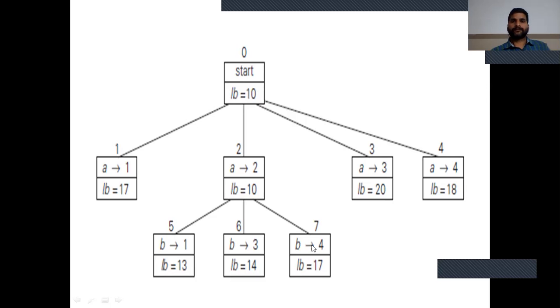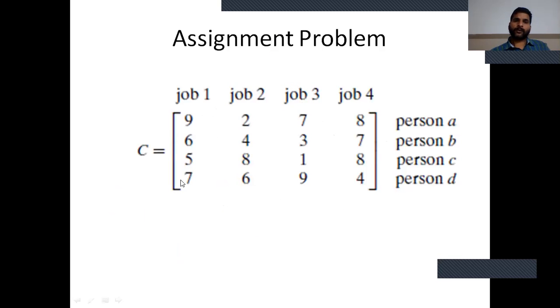Similarly, we check if person 1 is assigned task 1. A equal to 2 is already assigned to a person. If we assign task 1 to person B, then 6.